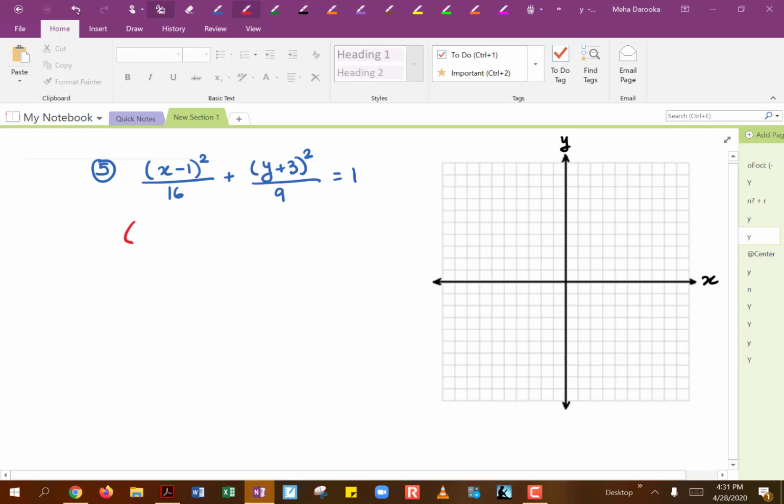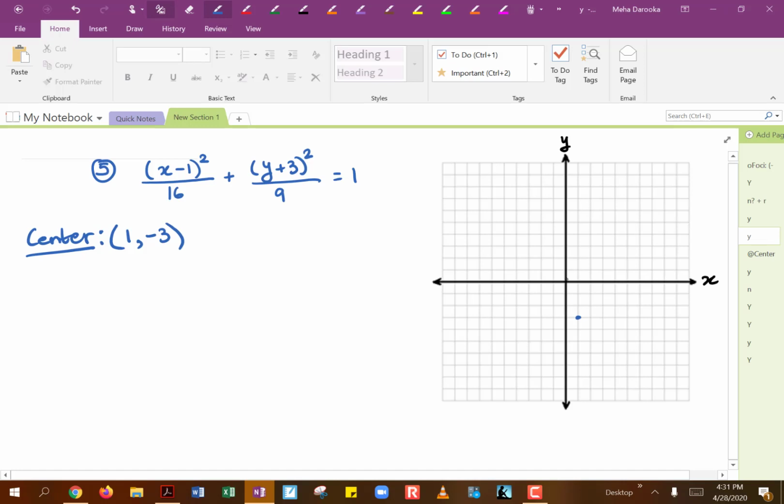And when you have a positive, like you have y plus 3, that means 3 itself is a negative number. So you're basically going with the opposite signs than what you see in the parentheses. So that means 1 is going to be a positive number and 3 is going to be a negative number, and this is where the center of our ellipse is going to be. Okay, so at (1, -3), this is going to be the center of our ellipse.